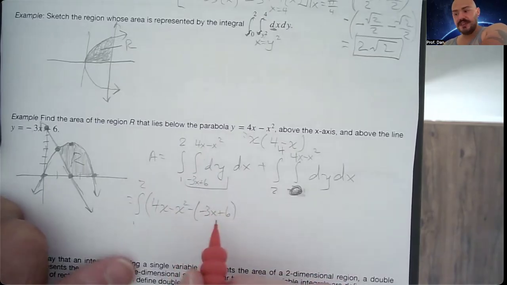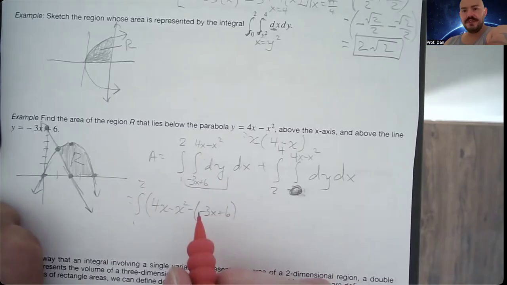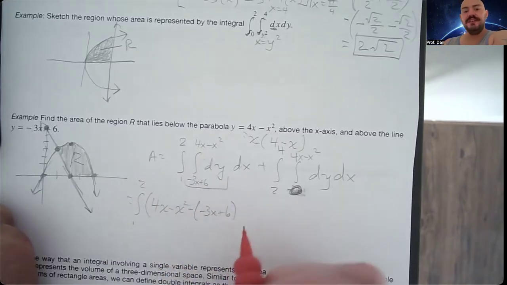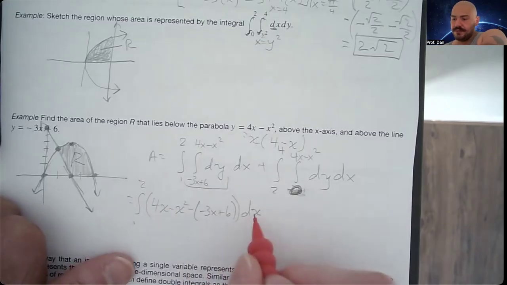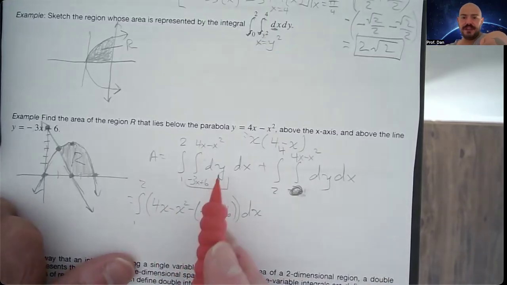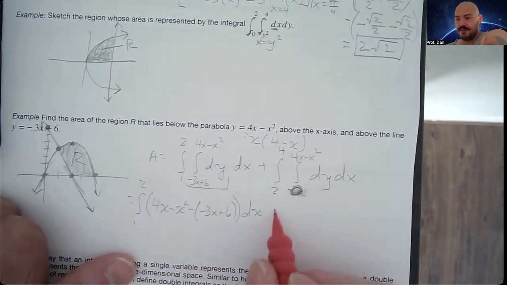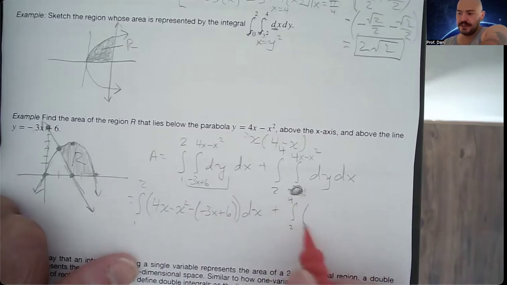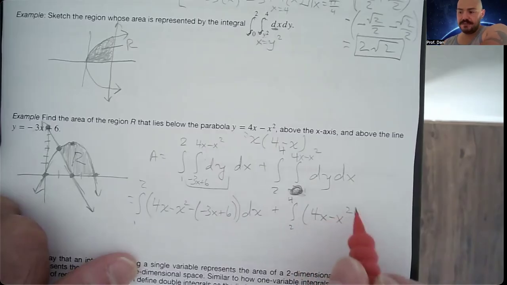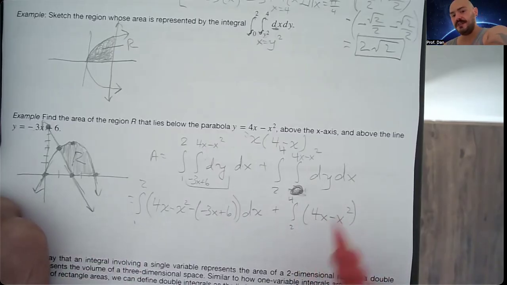Parentheses are important there because there's more than one term. We have to remember to distribute that negative. And that's what we get from evaluating the inside. Now for the second piece of it, the integral from 2 to 4, the inside integral will end up just giving us the parabola, because subtracting 0 doesn't do anything.